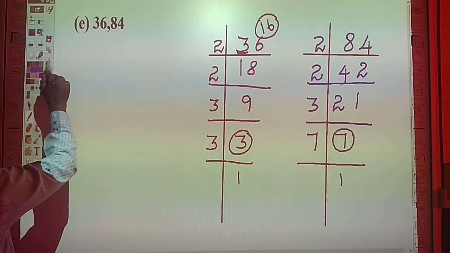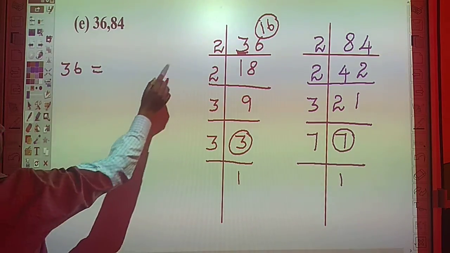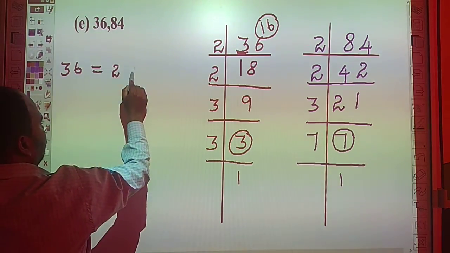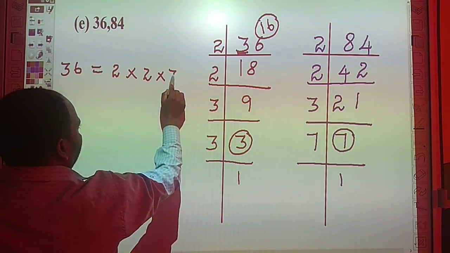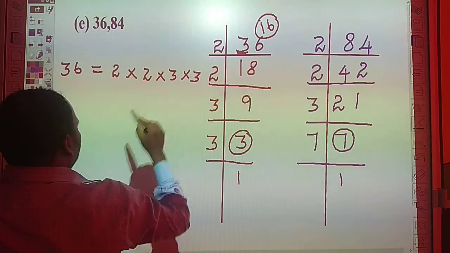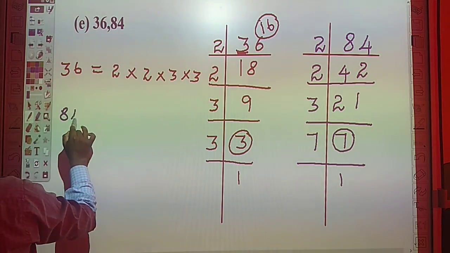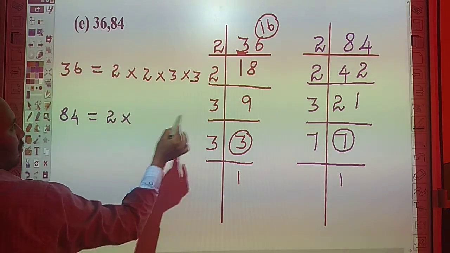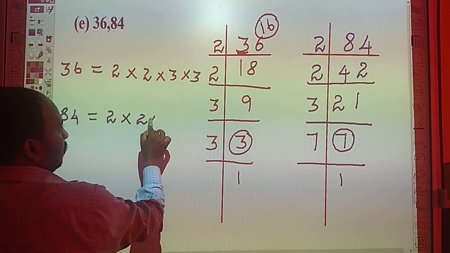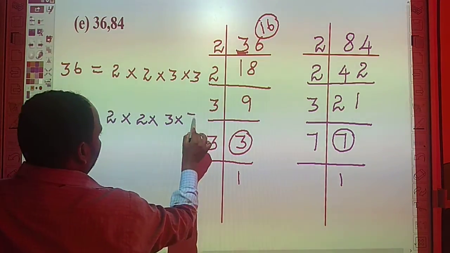Therefore, 36 is equal to 2 into 2 into 3 into 3. And the next one, 84 is equal to 2 into 2 into 3 into 7.